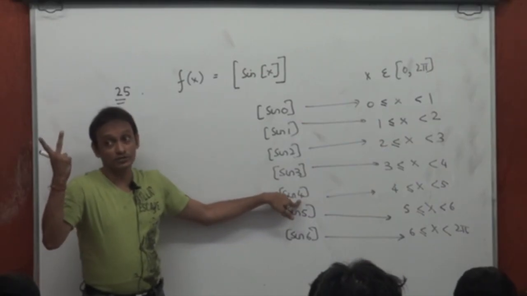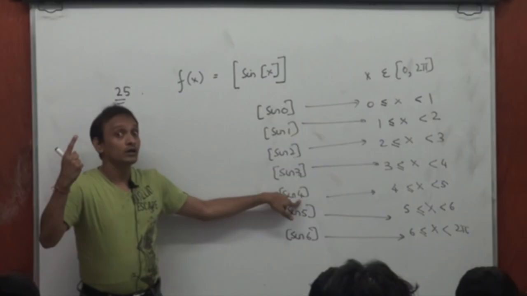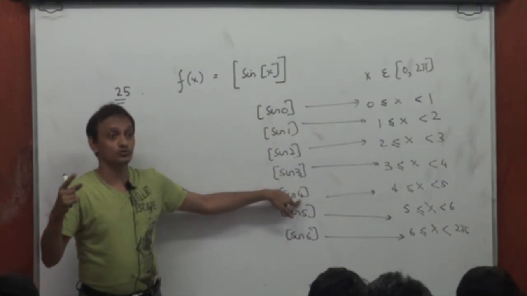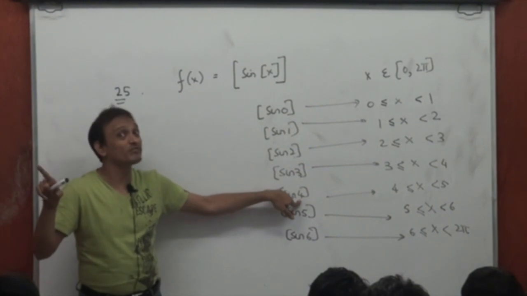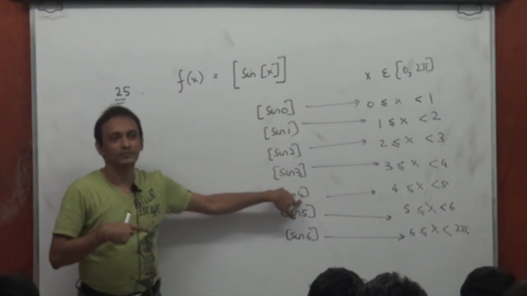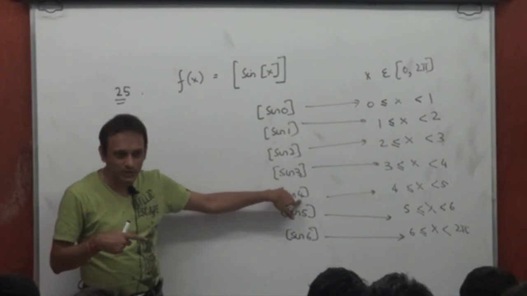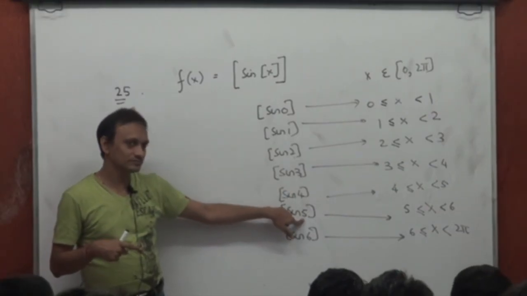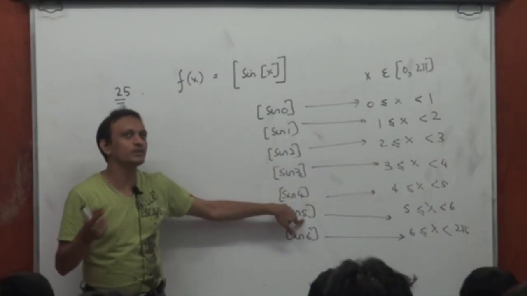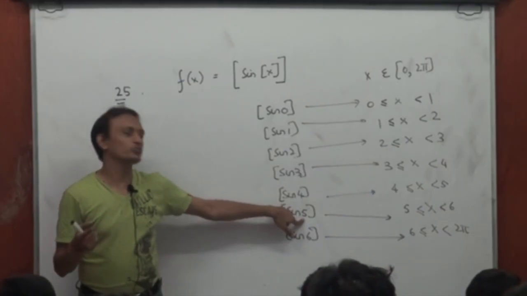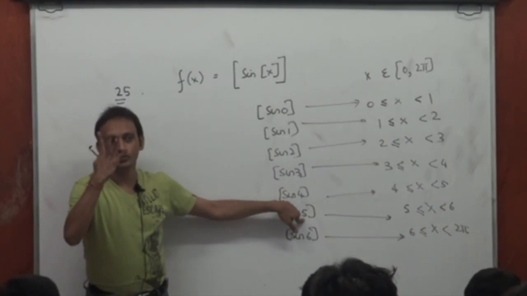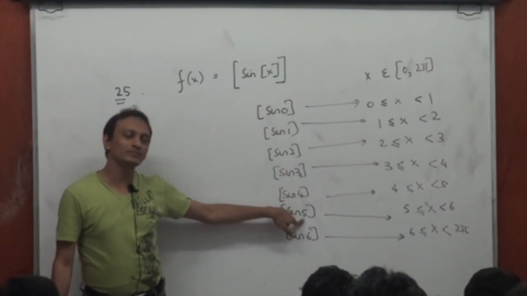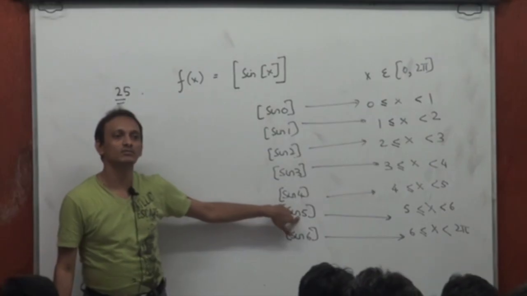Sign 4 is in the third quadrant, right? Greater than pi, greater than 3.14, but less than 3 pi by 2, less than 4.5 approximately. So again minus 1, because this will lie between minus 1 and 0. Sign 5: greater than 3 pi by 2, 4.5, so this is fourth quadrant, so minus 1 again, because this will lie between minus 1 and 0.